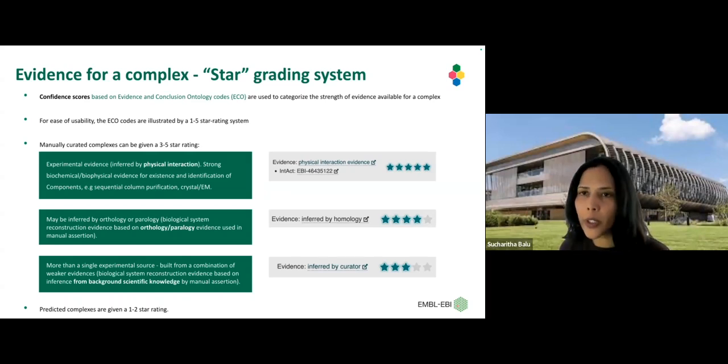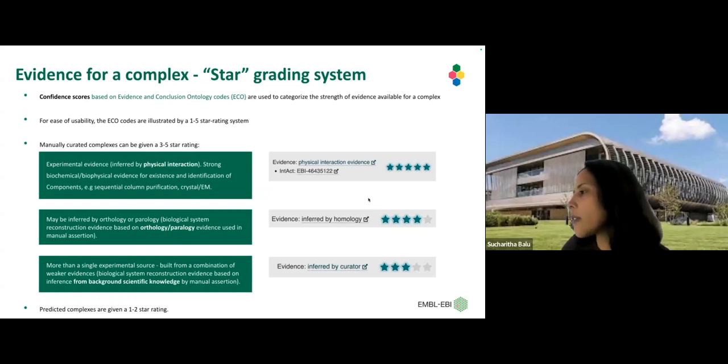For example, if it comes from the IntAct database, we'll have strong physical interaction evidence, like in the form of an SPR experiment or column purification experiment, or it can also be from structural databases like PDB and EMDB.